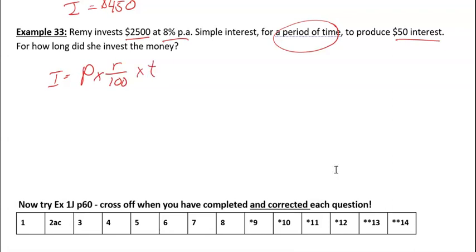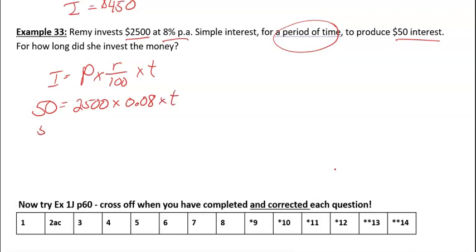So let's plug in what we know. We've got $50 of interest on a principal of $2,500 times 8% divided by 100 to make it into a decimal, which is 0.08, times time.